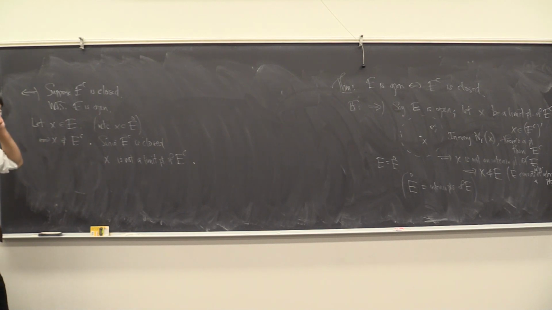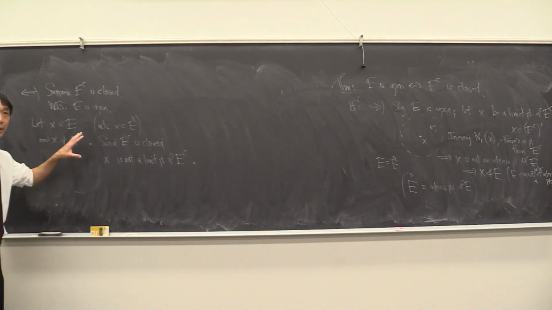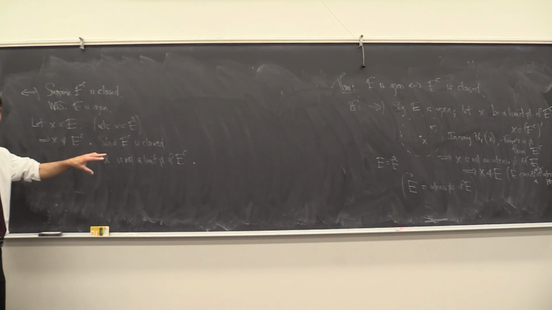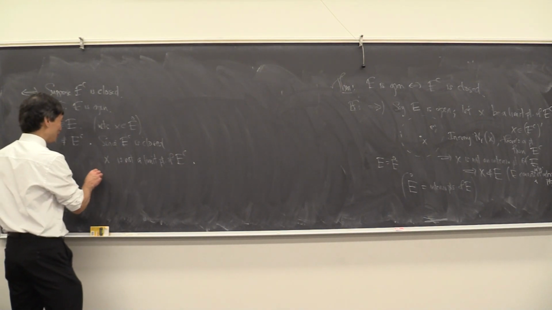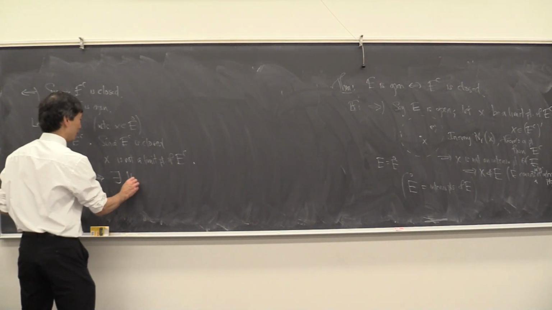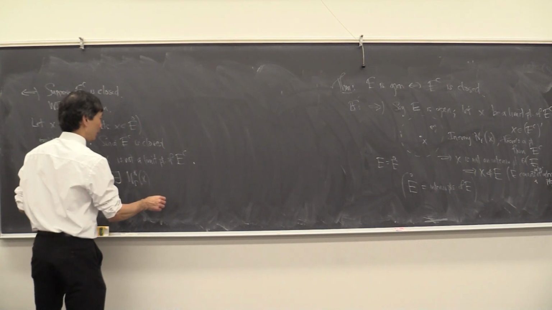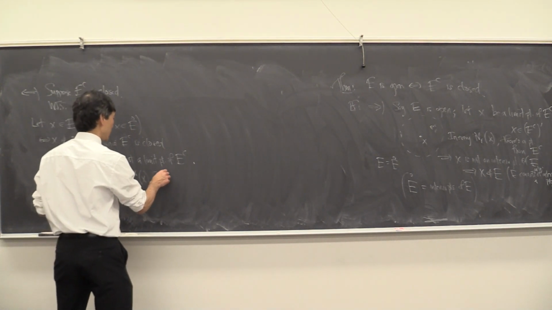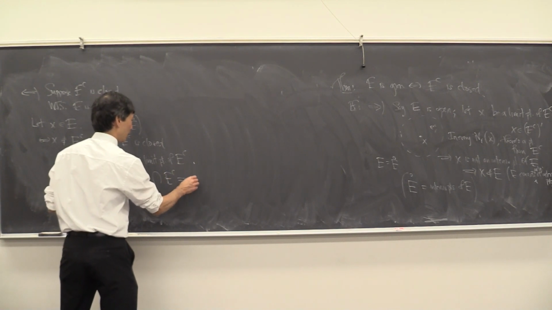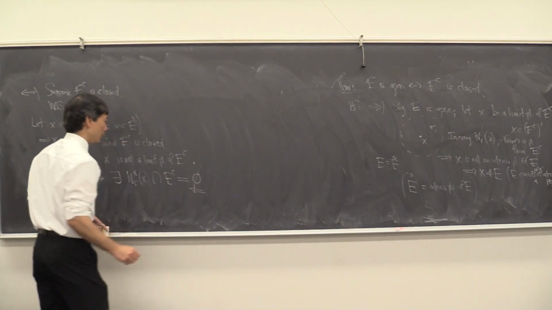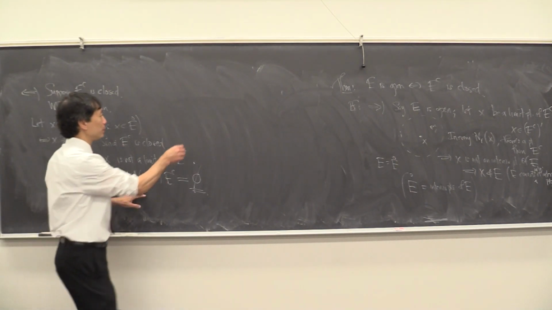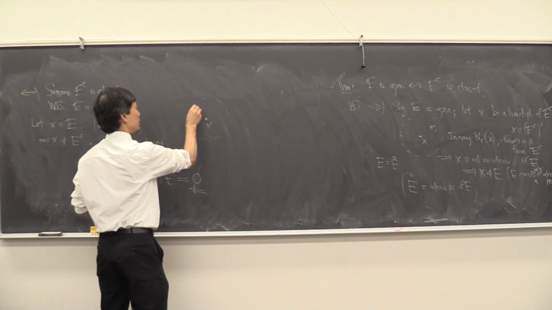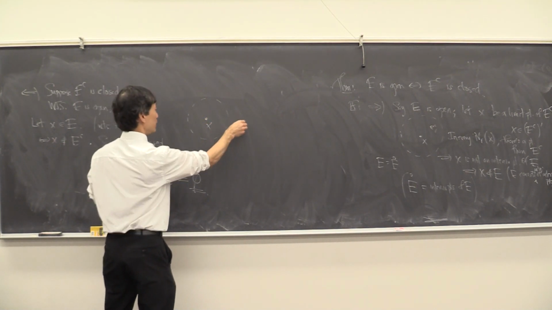And remember what that meant? That meant that you can find a punctured neighborhood that doesn't intersect E complement. So there exists a punctured neighborhood around X that doesn't intersect E complement.